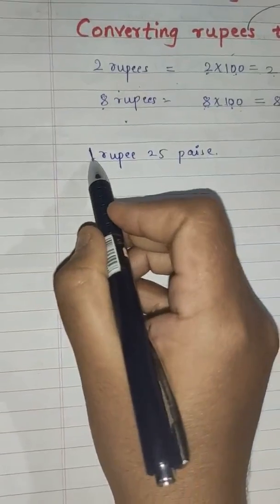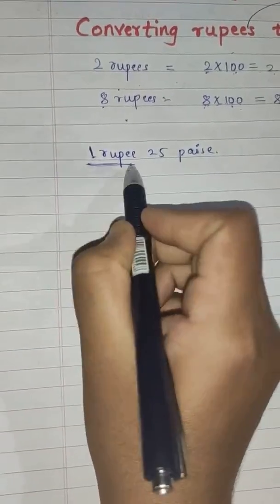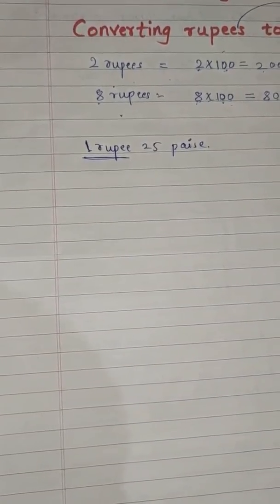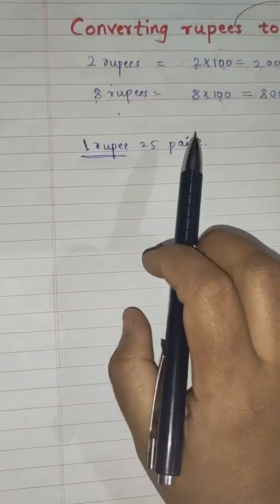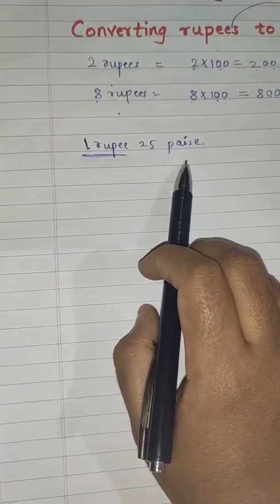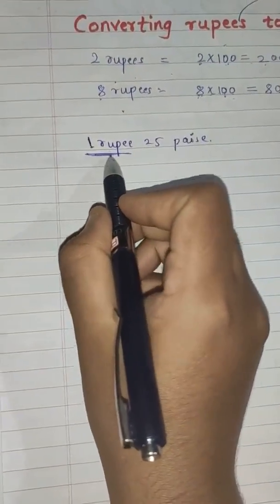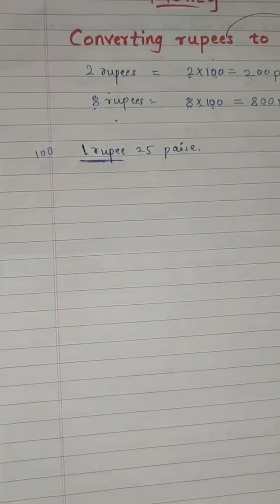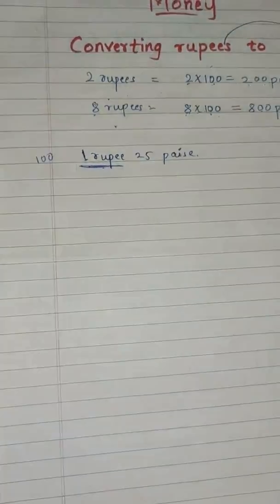So first I am going to convert this rupee. So children, when both the rupees and paise are given and they have to be converted to paise, multiply only the rupee. First you have to multiply the rupee by 100 and add the paise to the product.